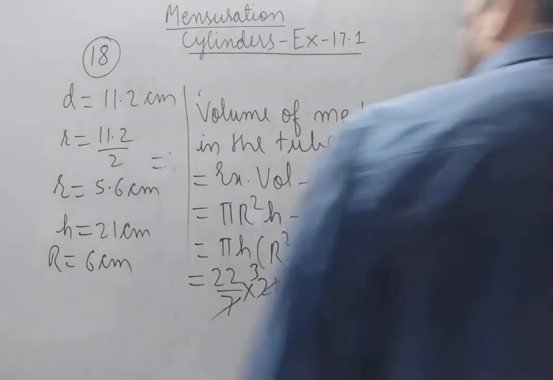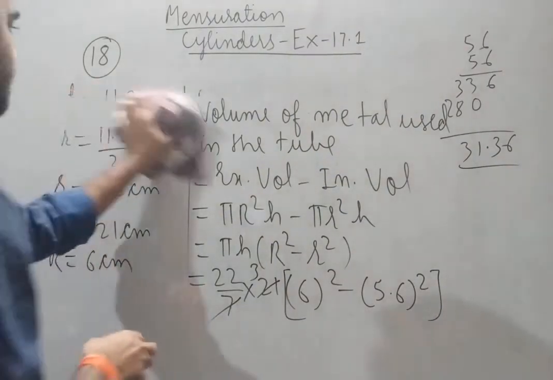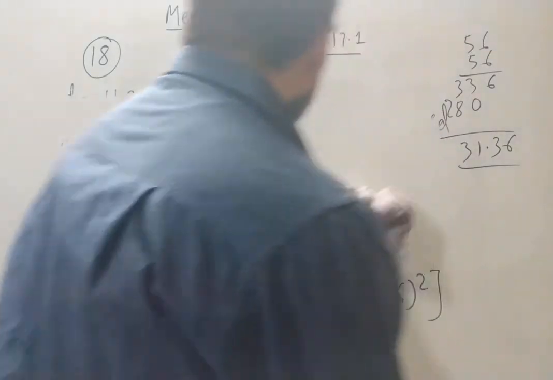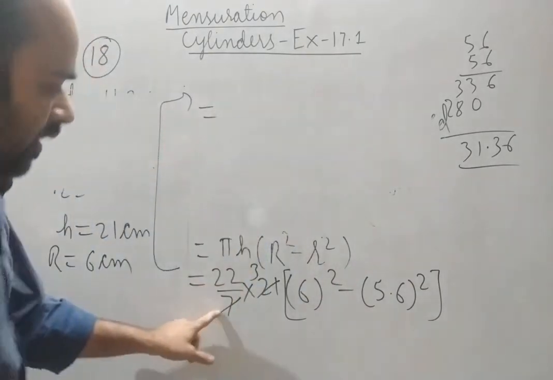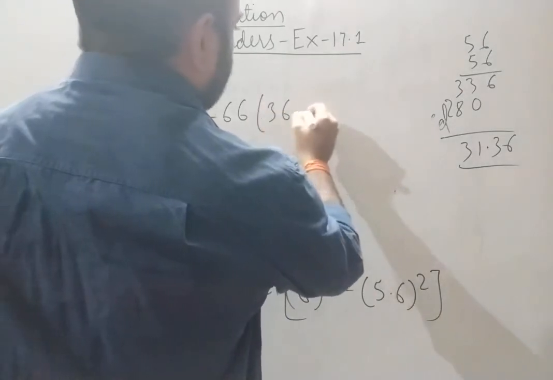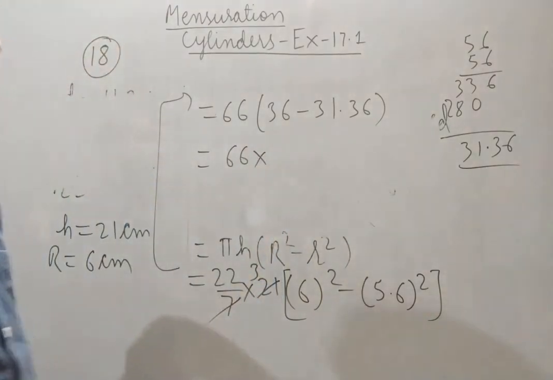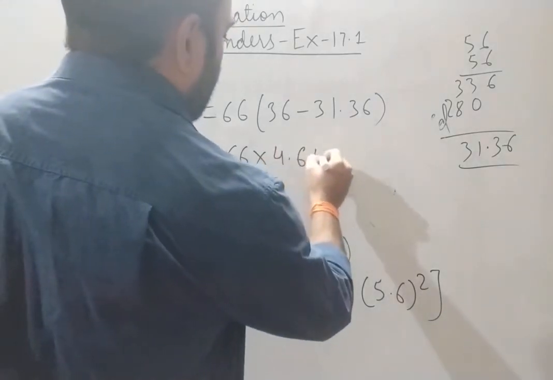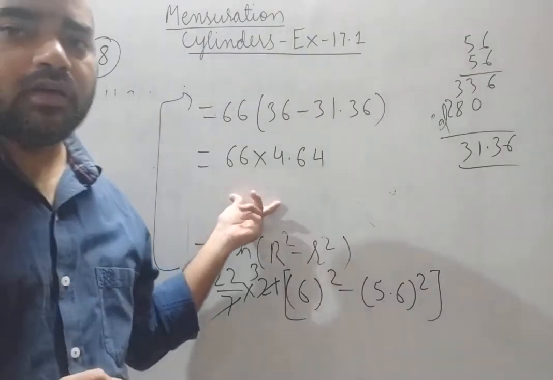So we have calculated the value. Here 7 into 3, that is 22 into 3, 66. 36 minus 31.36, so this will be 66 into 4.64. Correct? Clear? This is the answer. Calculate.